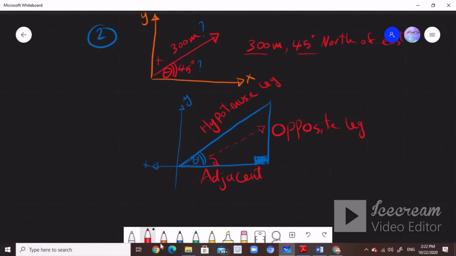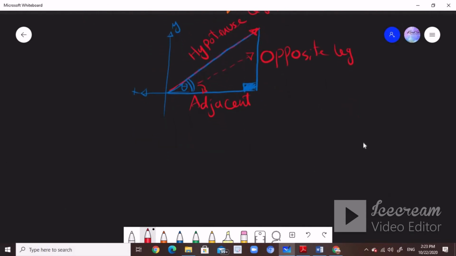Now which rule or method will we use to find the magnitude, or the resultant? The resultant, and the angle, that is another thing.